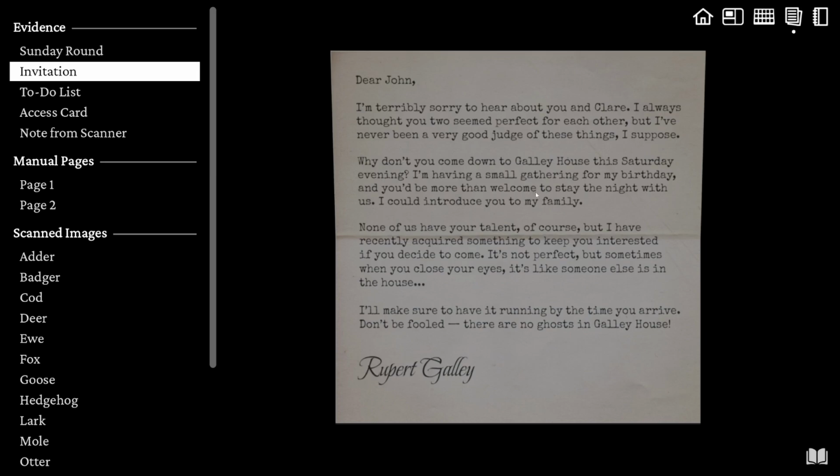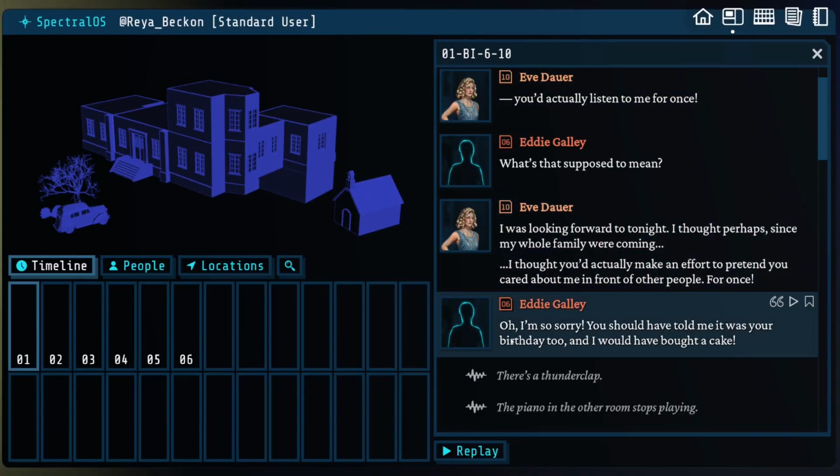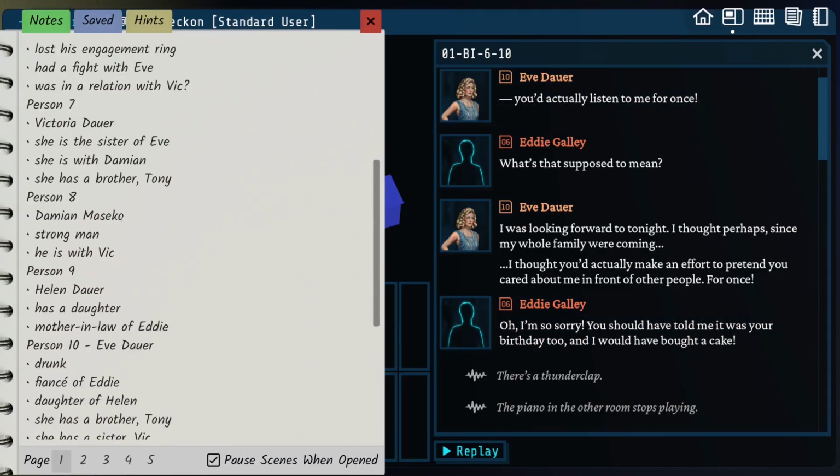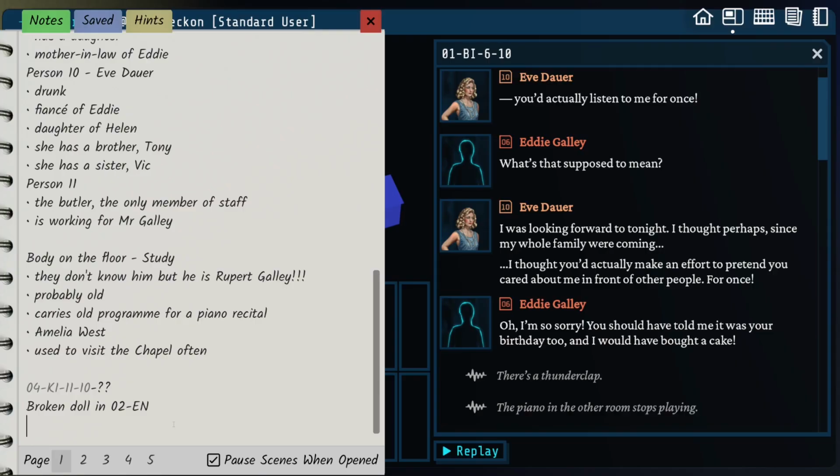As you'd be more than welcome to stay the night with us, I can introduce you to my family. So this guy, Rupert Galley, had his birthday at the same time as this guy. Isn't that odd? I'll just write it down here because why not?